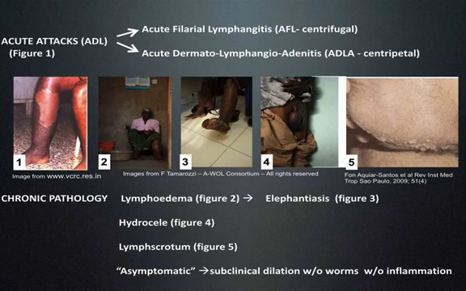Actually, it is the repeated attacks of acute lymphangitis of this latter type that are the main cause of the progression to chronic lymphedema and elephantiasis. Other forms of chronic pathology include hydrocele, which may progress to the even more serious condition of lymph scrotum, and finally symptomatic infected people also show subclinical signs of lymphatic dysfunction.